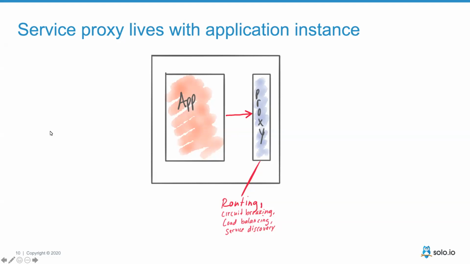So this little agent, or this little proxy, solves challenges that were previously solved by centralized middleware, and it does it in a way that's highly decentralized. It's basically co-located with the app. It is the app, right?